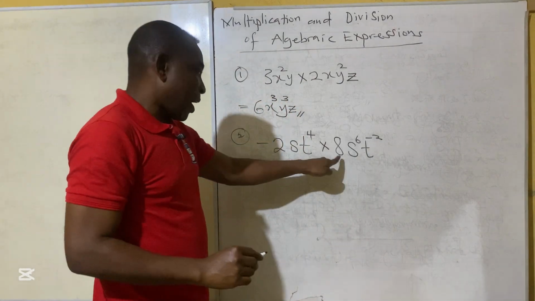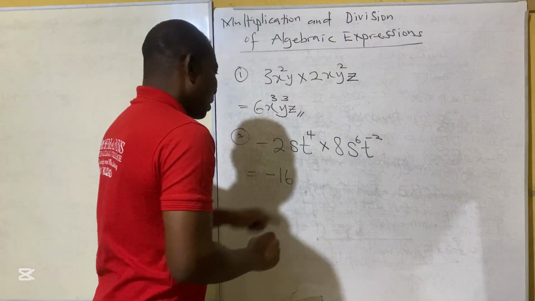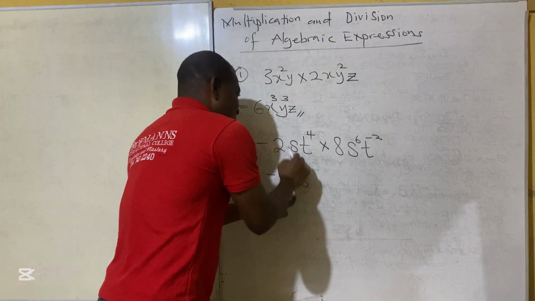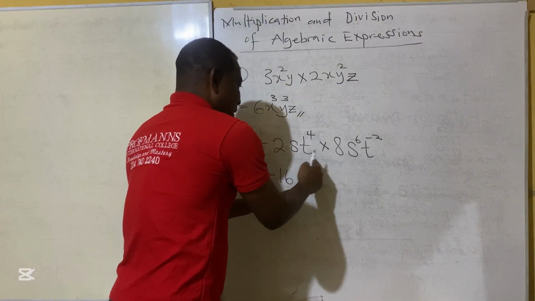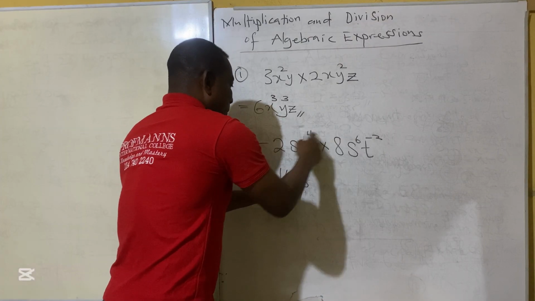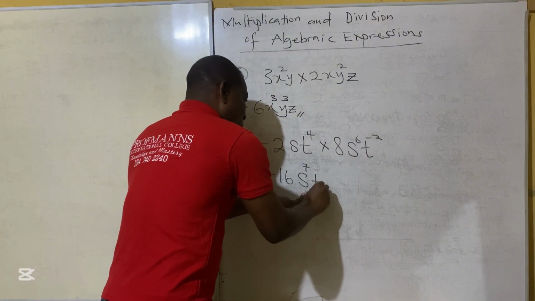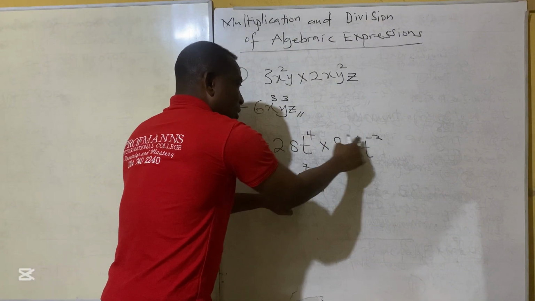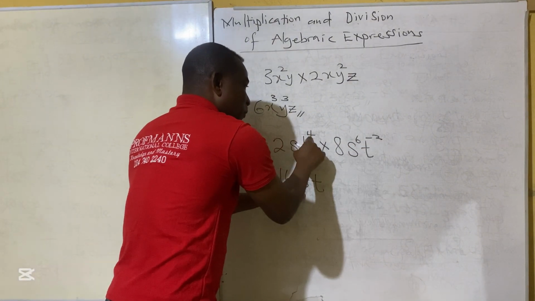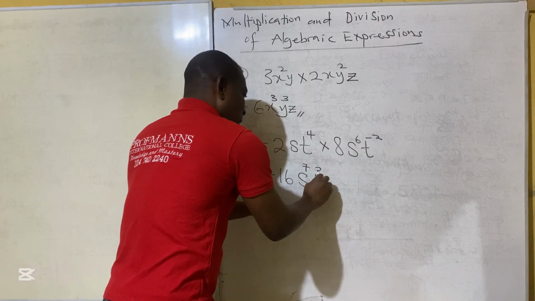So minus 2 times 8 will give us minus 16. S to the power 1 times s to the power 6. So we maintain the common s, and then we add the exponents, 1 plus 6, to the power 7. And then t times t, we maintain the common t. This is to the power 4, this is to the power minus 2. So it's going to be 4 minus 2. So it is going to be to the power 2.